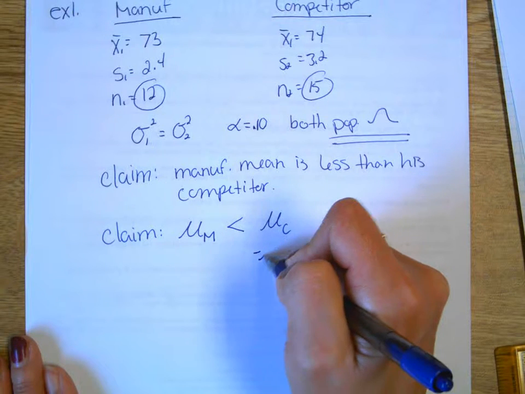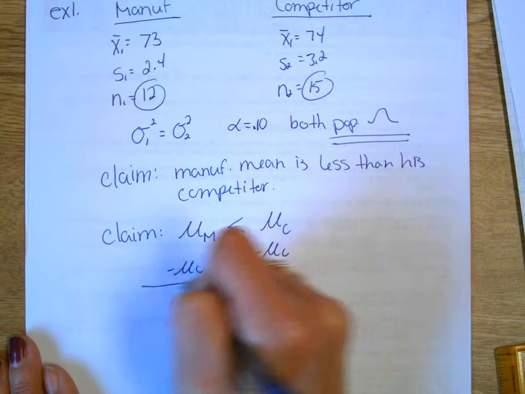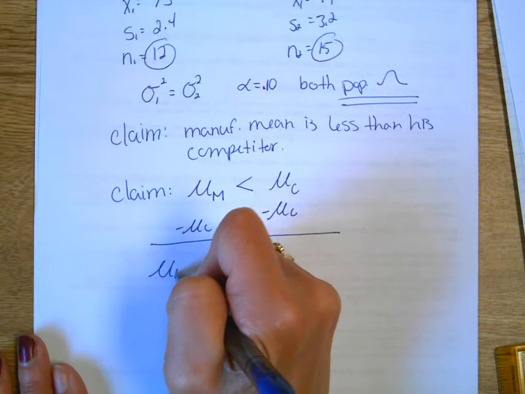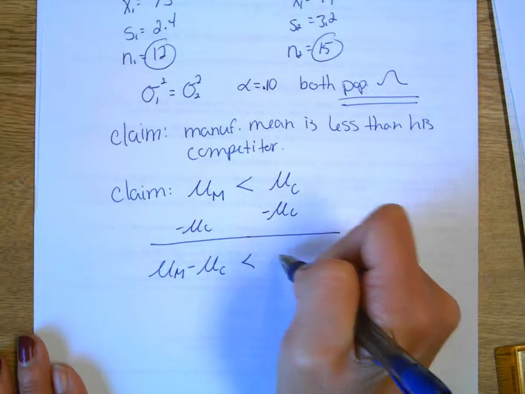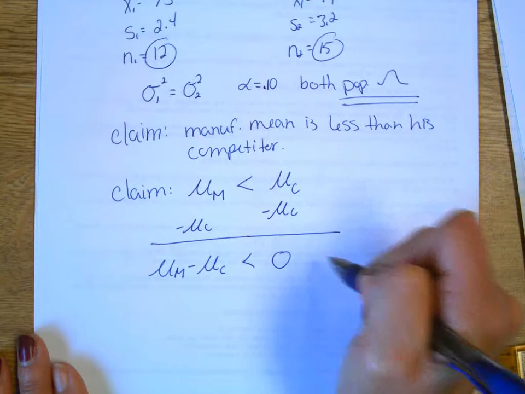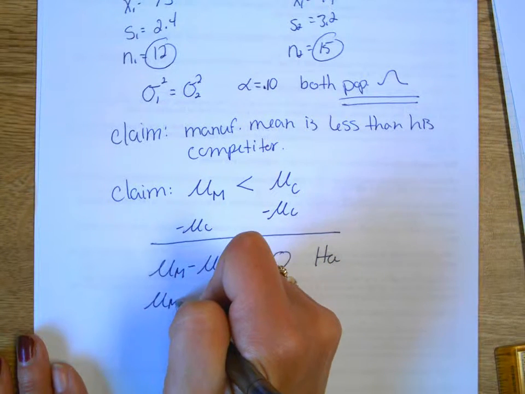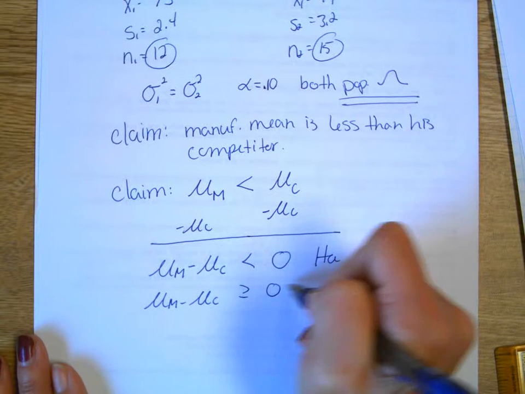I'm going to choose to subtract the mean of the competitor from both sides. So the claim gets rewritten as the mean of the manufacturer minus the mean of the competitor is less than 0. There's your Ha. And there's your Ho.